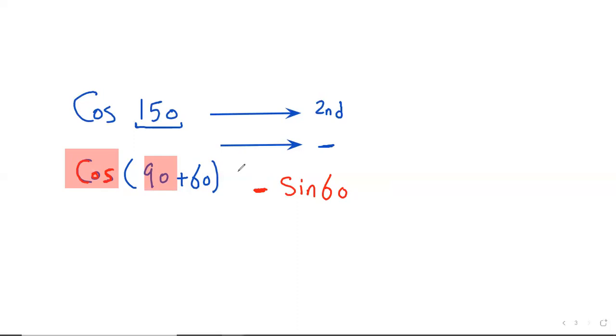Cosine is negative in the second quadrant, but this 90 changes cosine to sine, so it will be negative sine 60. And negative sine 60 is negative root 3 over 2.